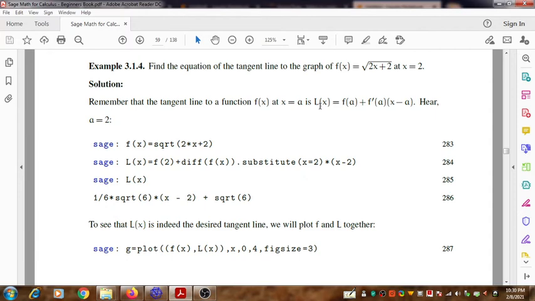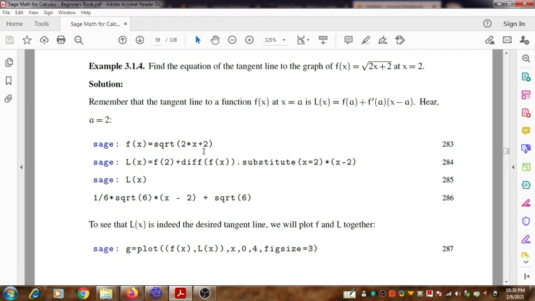Even though the position of the terms is changed here, you can write the second term, f dash(a) into (x minus a), as the first term, and f(a) as the second term. You can change the position of the terms, but that is not a serious thing. Even by keeping it as it is, you can write the expression for that straight line.